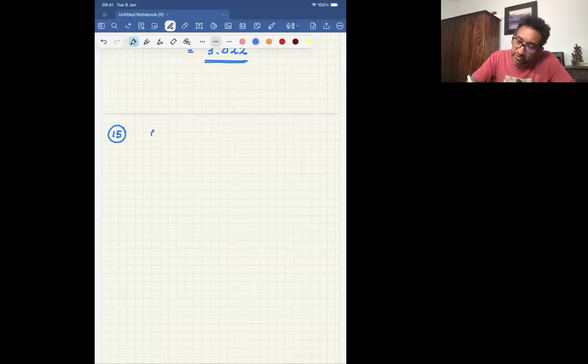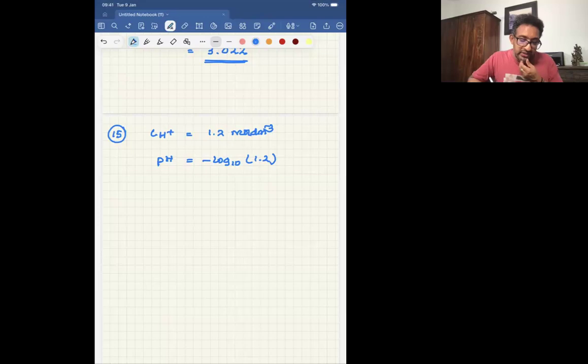So concentration of H plus is 1.2 moles per cubic decimeter. So what is the pH? pH is equal to minus log10 of 1.2, which is minus 0.0792.